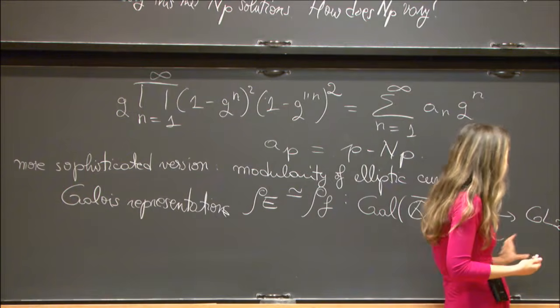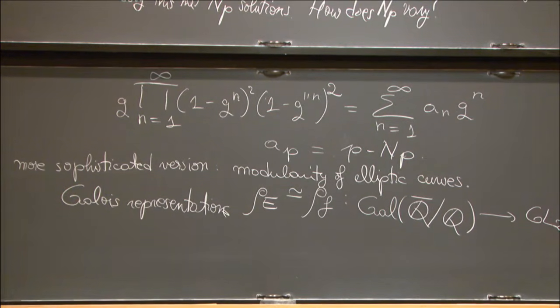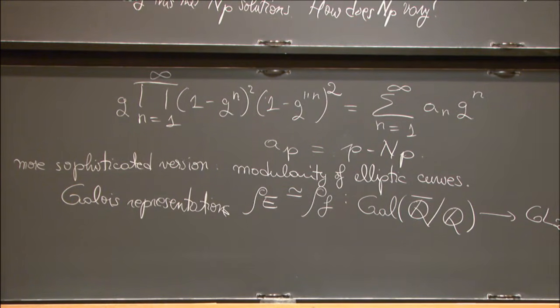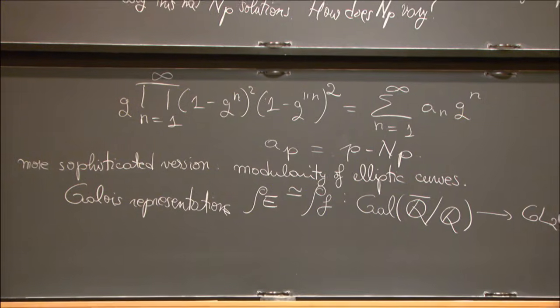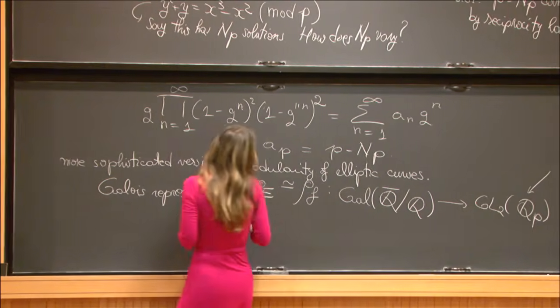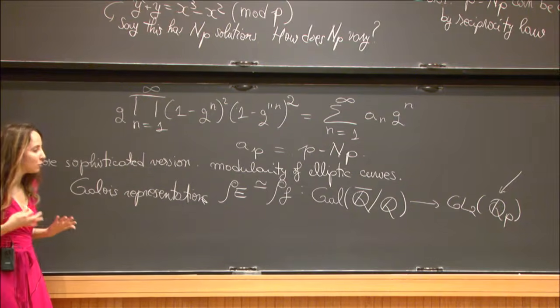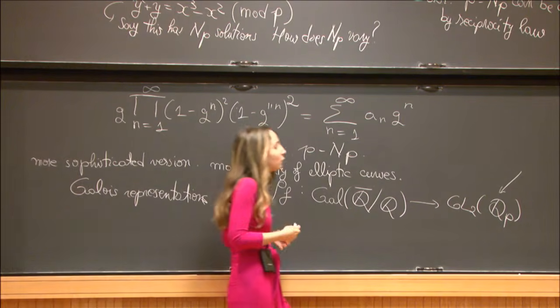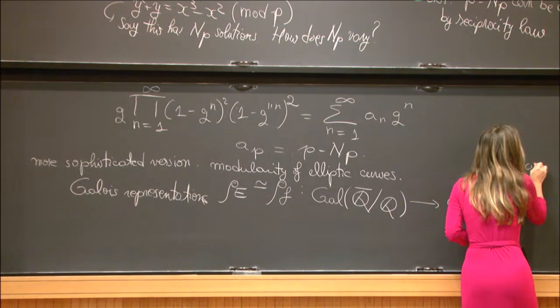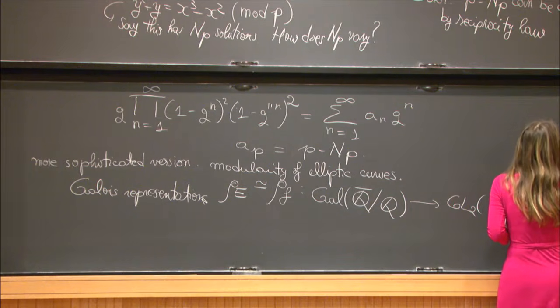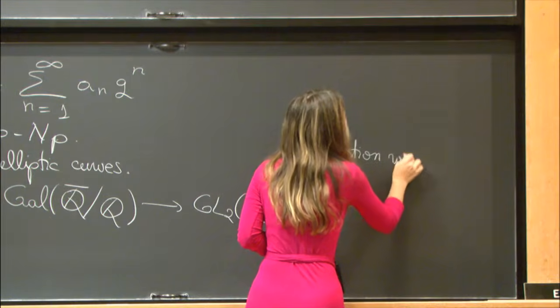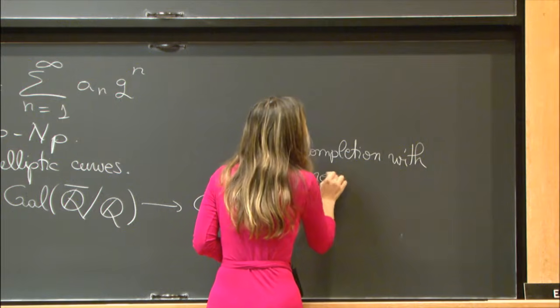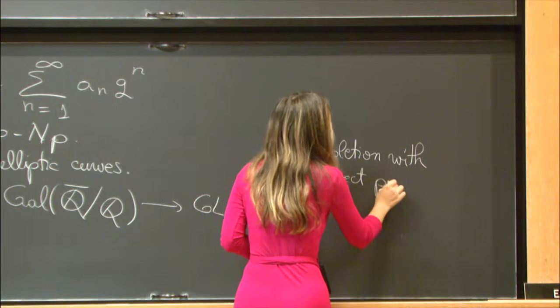It turns out these Galois representations will be valued in QP, where QP is the completion of the field of rational numbers, but not with respect to the usual absolute value, because then you would get the field of real numbers, but rather this is the completion with respect to the p-adic absolute value.